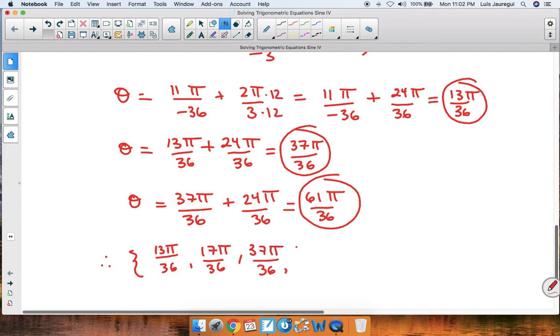We also had 41 pi over 36. We had 61 pi over 36. And lastly, but not least, we had 65 pi over 36. So this particular equation had a total of 6 different solutions.